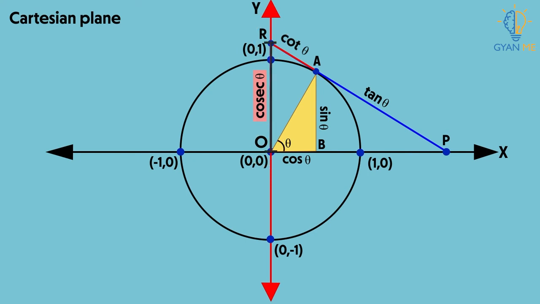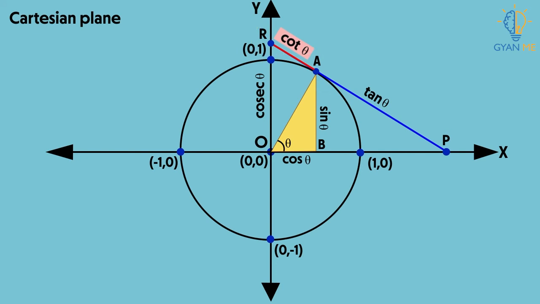Thus, cosec is the distance on this secant from the origin to the point where y-axis intersects the circle. Then what about cot theta? Yes, this distance between the point where the hypotenuse touches the circle, or a point from where tangent is drawn, towards the y-axis is called cot theta.